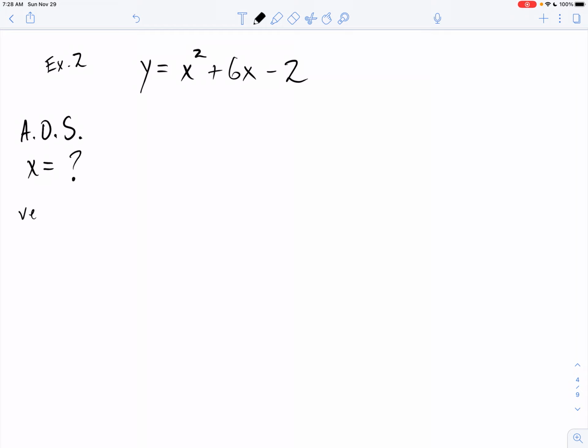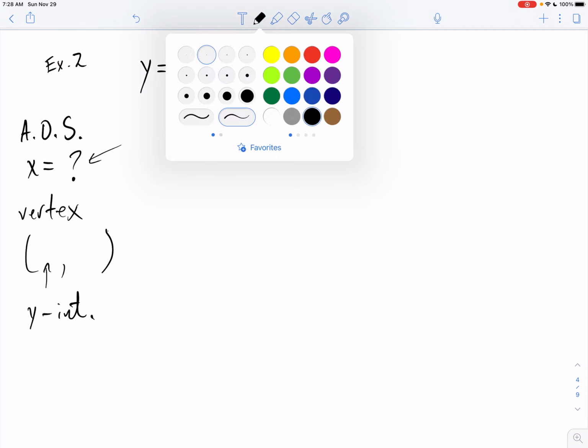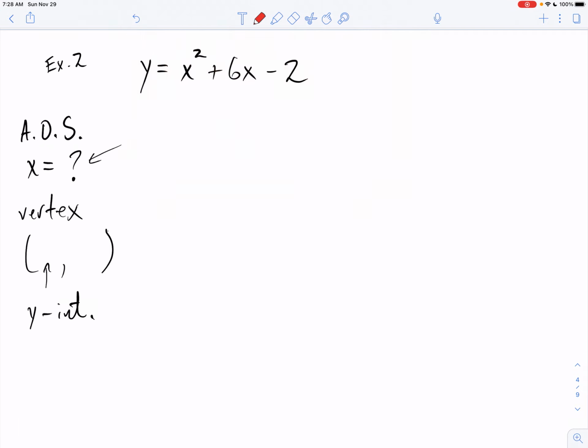I'm going to find a vertex, and one thing I do know about that vertex, this number right here is going to be the same as this number right here when I find it. And then I'll have a y-coordinate. And then y-intercept, heck, I can do this right away, because I know that every time I do this, I have an a value, I have a b value, and whatever the c value is, it's the same as the y-intercept. So let's get these guys going.